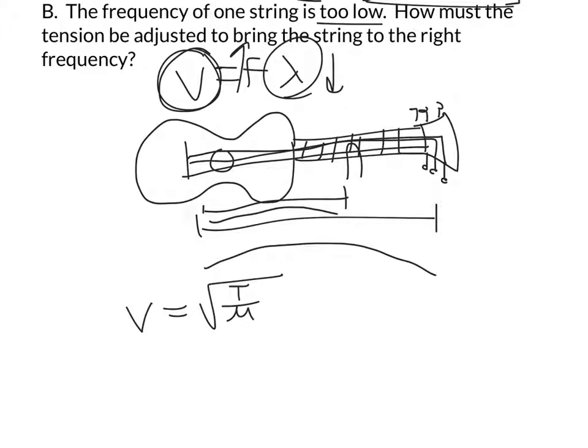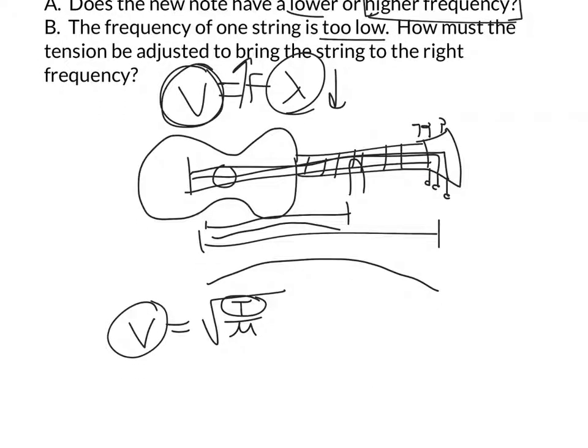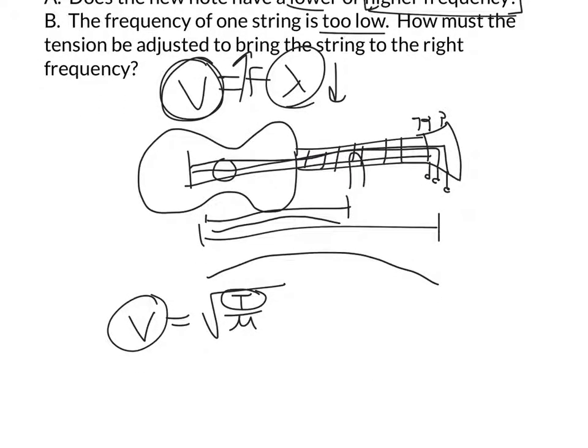So if I put these together, I can say that the frequency times lambda, that's the velocity, is equal to the square root of tension over mu.